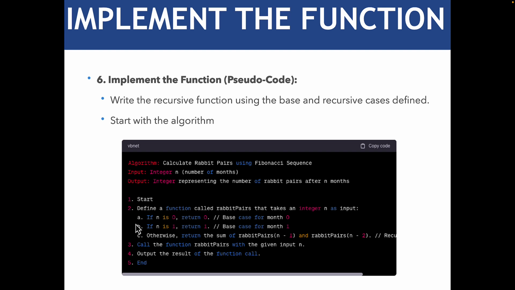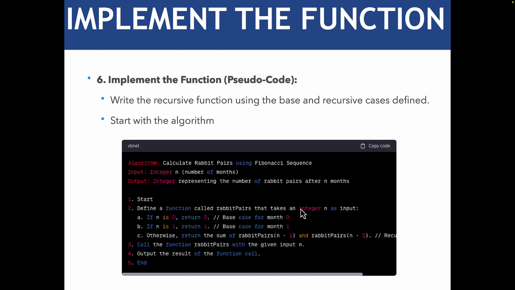This will give us the following algorithm. Now we go to the step of the algorithm. Here in the algorithm we define the name: calculate the rabbit pairs using Fibonacci sequence. The input will be n, the number of months, and the output will be an integer representing the number of rabbit pairs after n months. So this is the start.